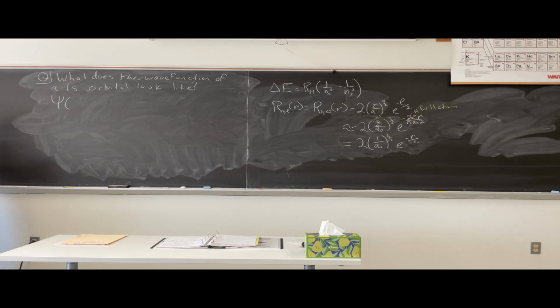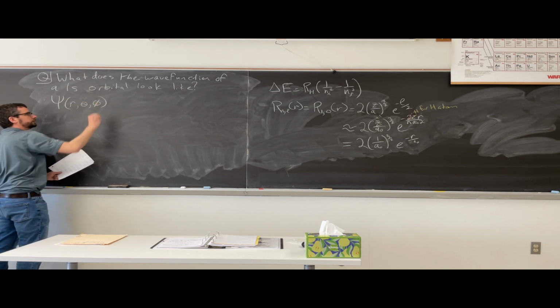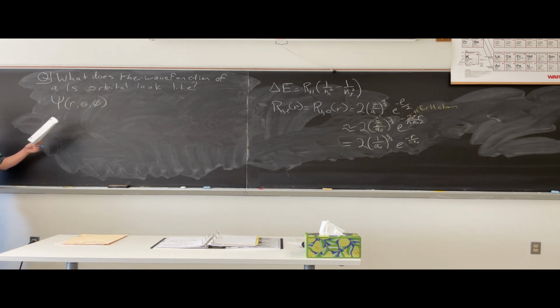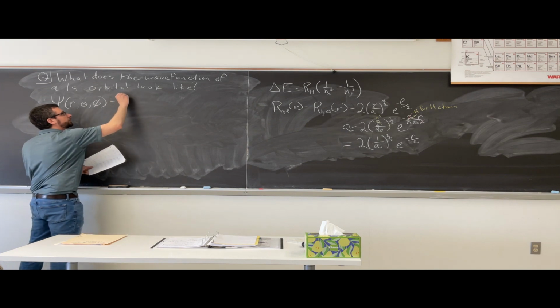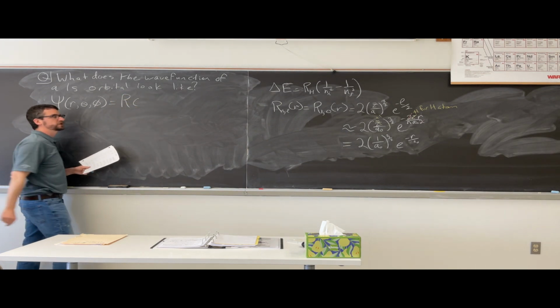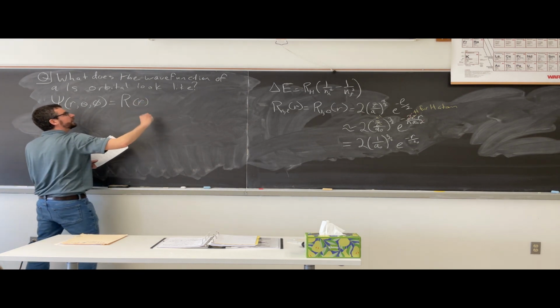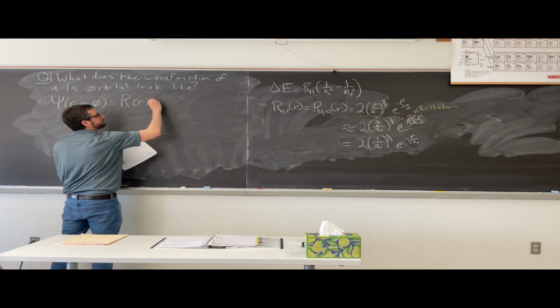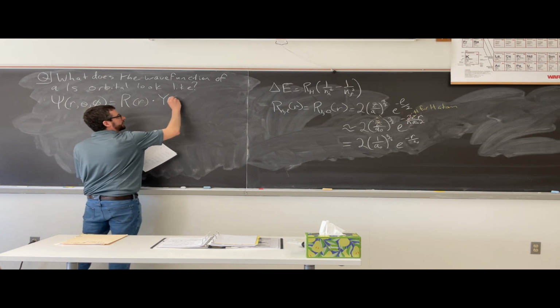Okay, psi. What does psi depend on? Yep, r, theta, phi. We have shown what you can do with the wave function. What can you break it up into? Yep, R, which depends on what? Yep, little r. And then what else do we got? And what does Y depend on?